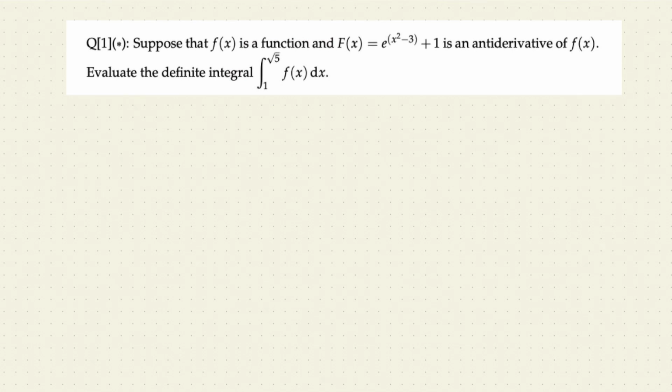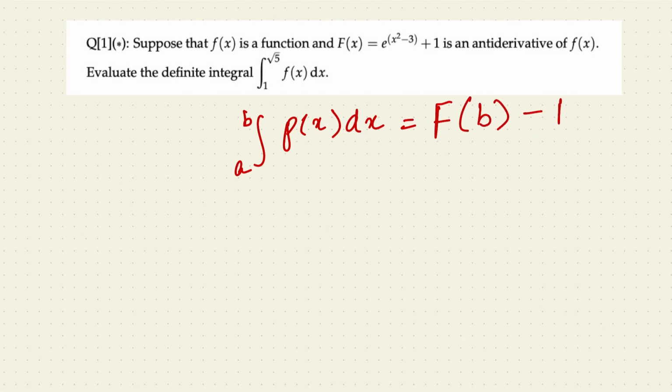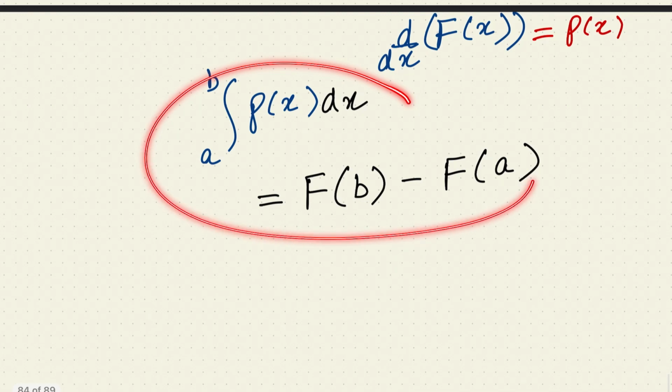And we already know from the fundamental theorem of calculus that if we are taking a definite integral of f(x) dx from a to b, that is basically evaluating capital F(b) minus capital F(a), right? Which we already covered over here.